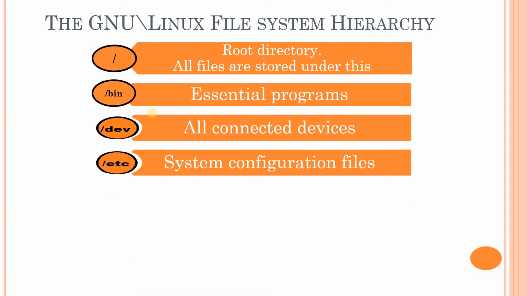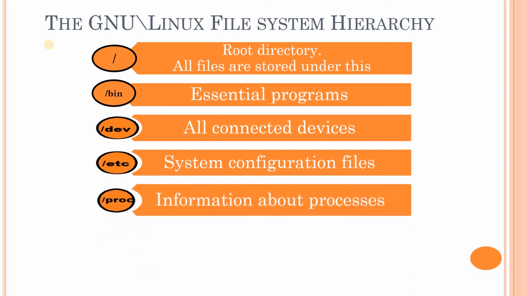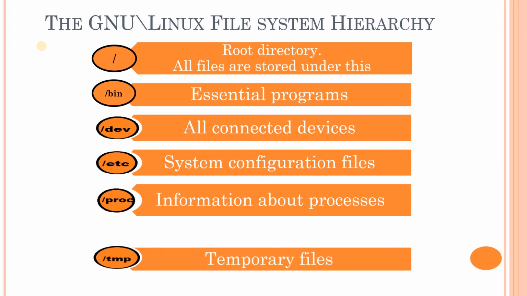/etc. This is going to store all the system configuration files. Next, /proc. This is used to store files that provide information about processes, like how much RAM is free or how the CPU is running. All this information will be stored here.